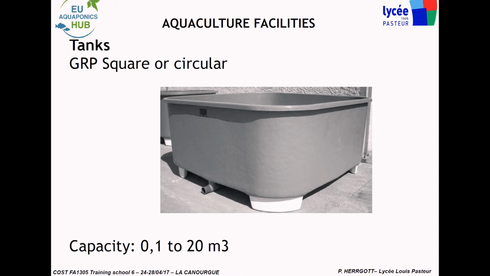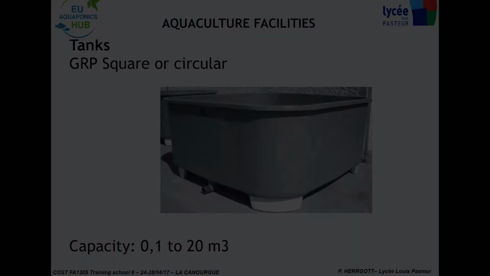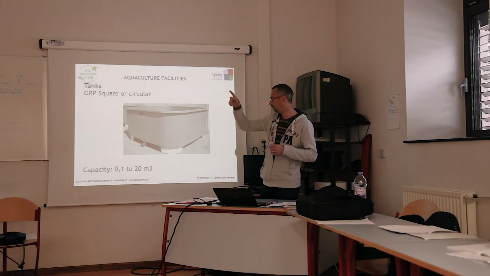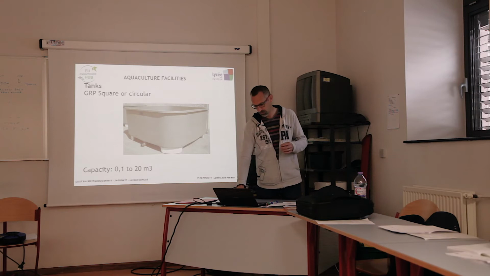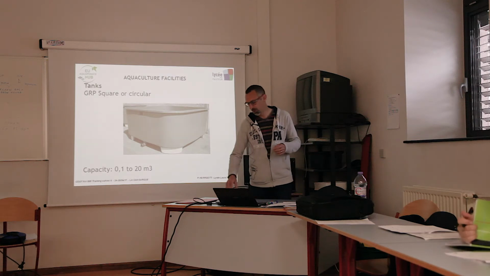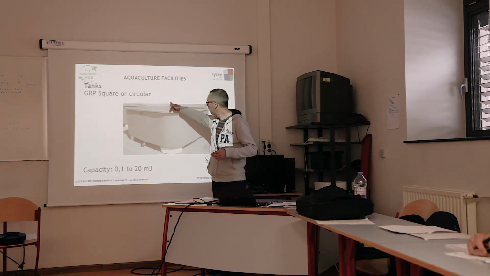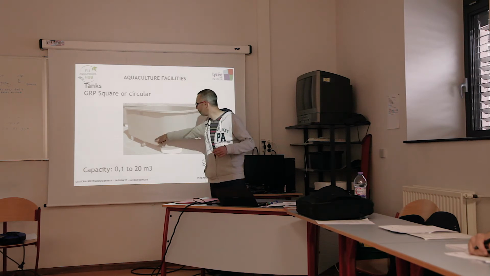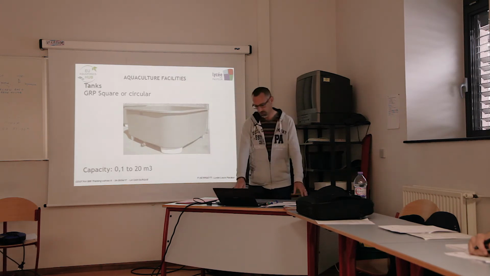Capacity 100 liters to 20 cubic meters. The circular are this system. Solid waste can be collected on the middle part, on the bottom, and going here.